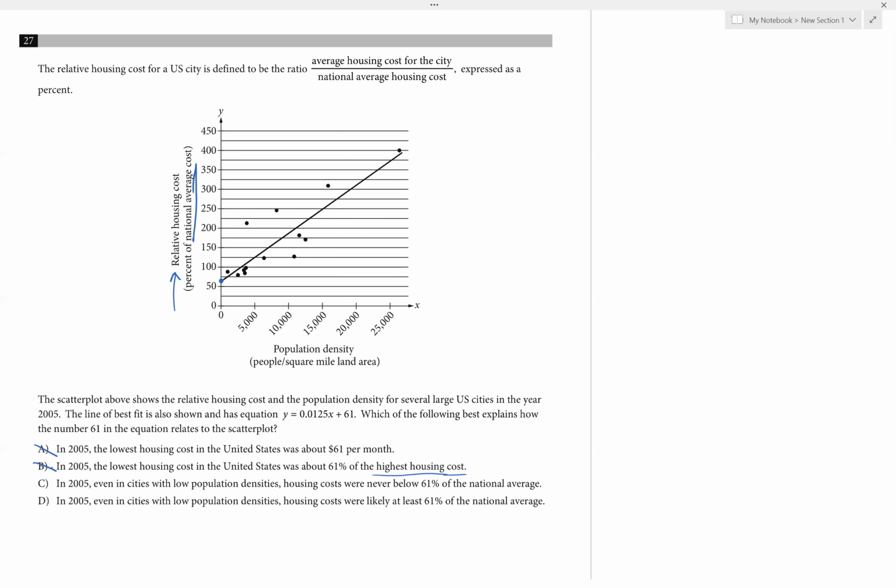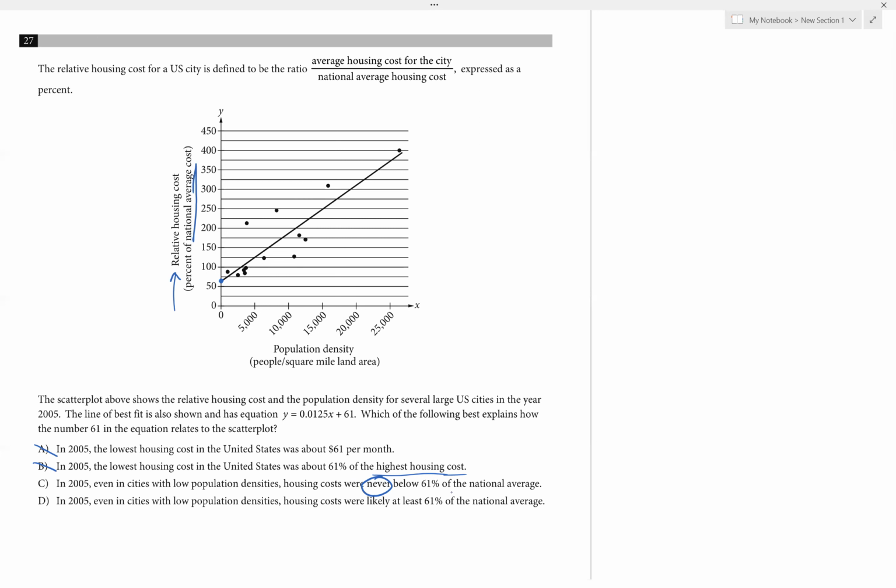So C and D are very similar, almost identical. If you look at the two answer choices, the only difference is here. Answer choice C says even in a city with low population density, housing costs were never below 61% of the national average.